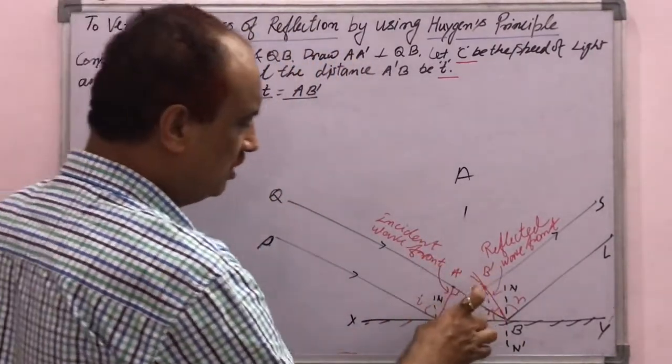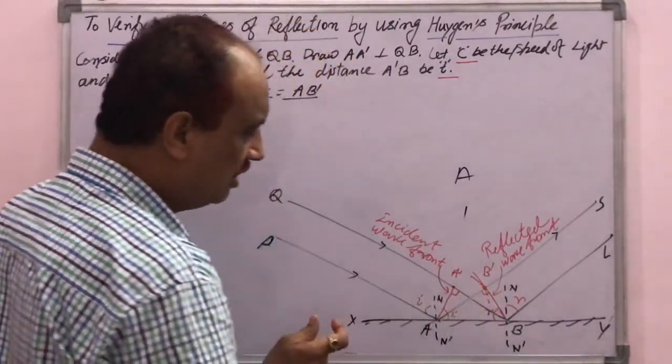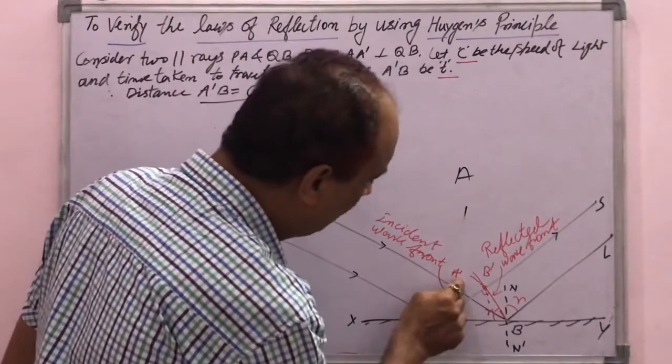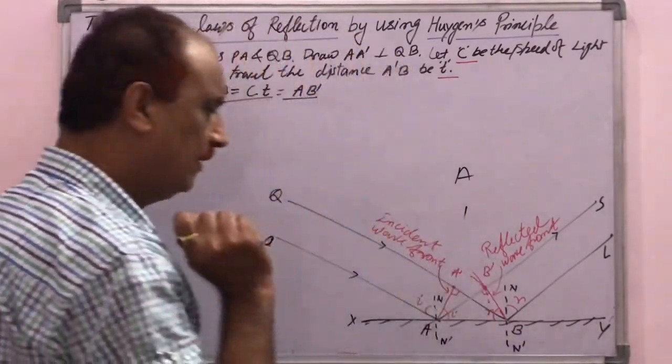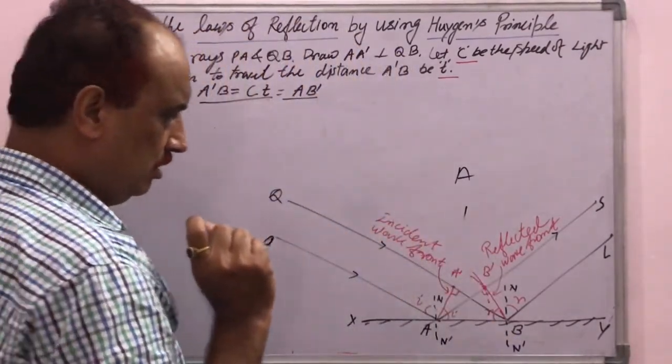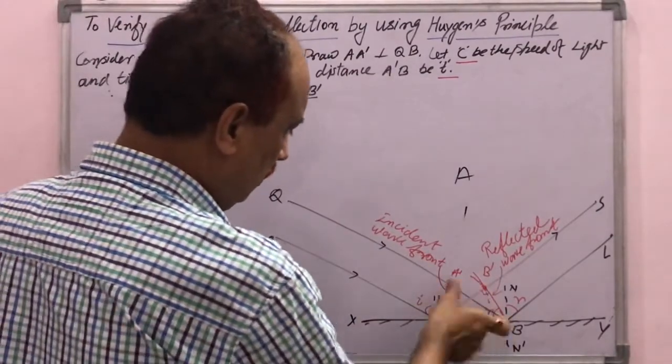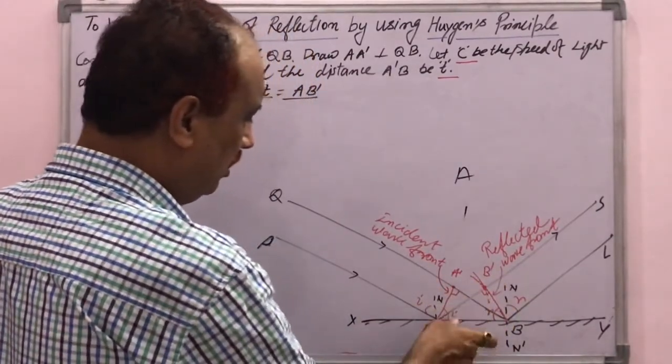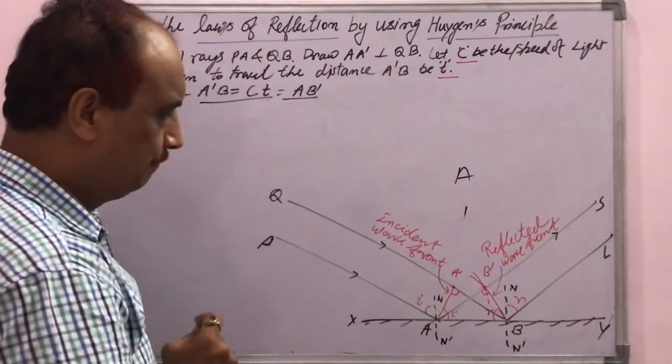Therefore, the distance traveled by the secondary wavelets and the disturbance from A dash to B are equal to each other, because these two distances are covered in the same interval of time t.